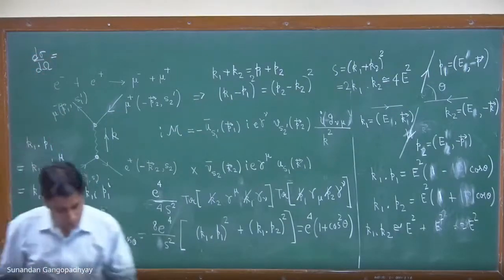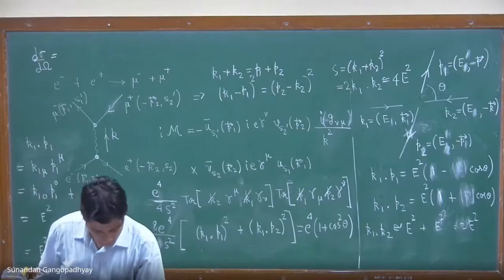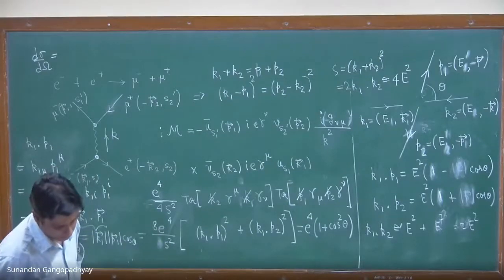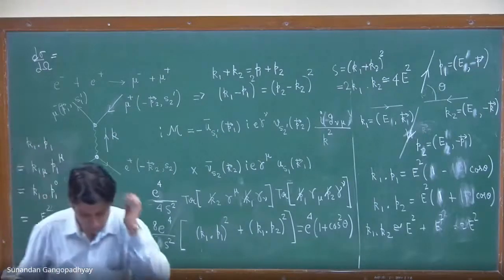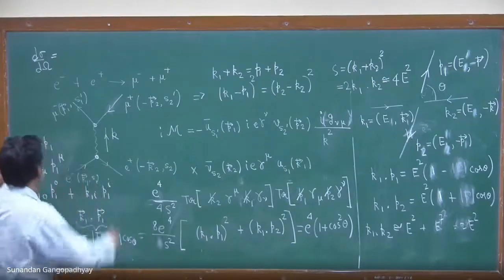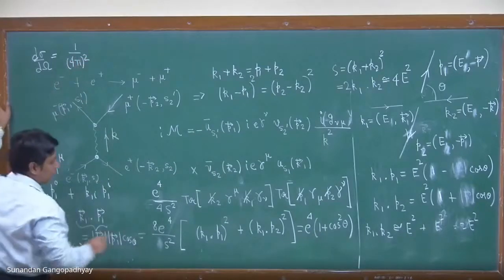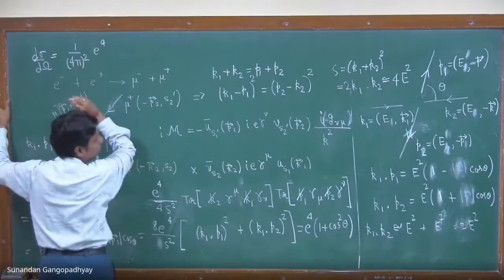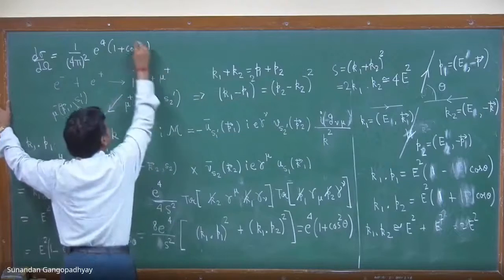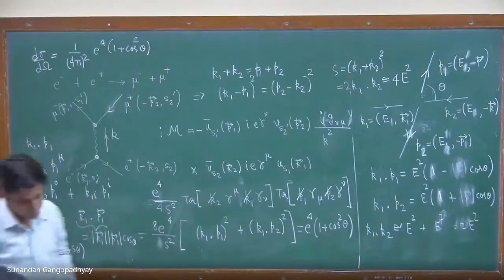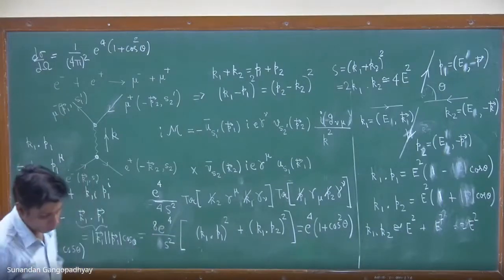So it is this quantity that we have calculated, divided by a factor of (4 pi) whole square, and from here you have E to the power of 4 into (1 plus cos square theta).